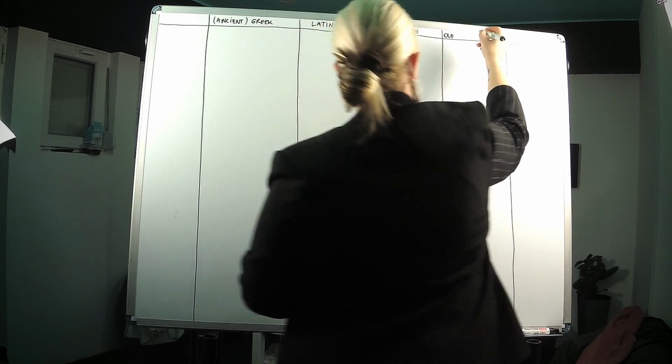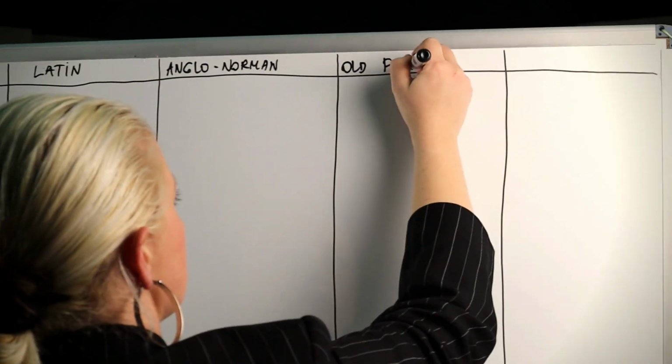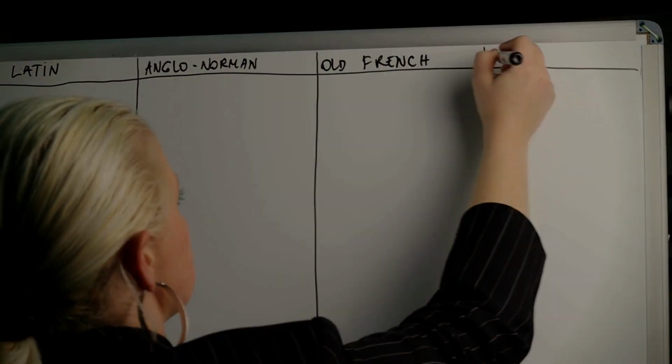So, Anglo-Norman and Old French influence. The Anglo-Norman influence was between the 12th and 15th century, and the influence from Old French, which was spoken in the northern part of today's France, was somewhere between the 8th and 14th century of the new era after Christ.